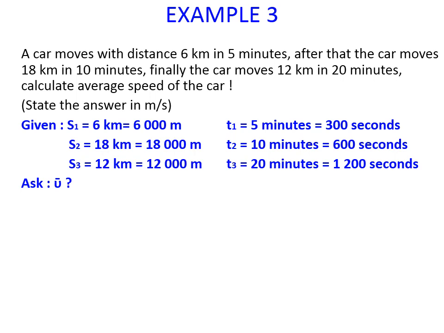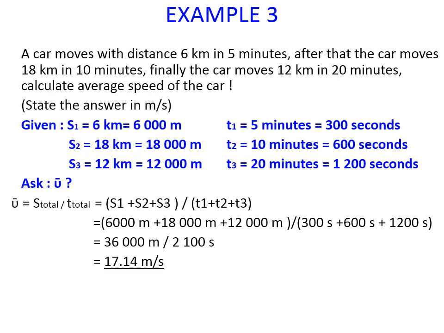T2 equals 10 minutes equals 600 seconds. S3 equals 12 kilometers equals 12,000 meters. T3 equals 20 minutes equals 1,200 seconds, as average speed.